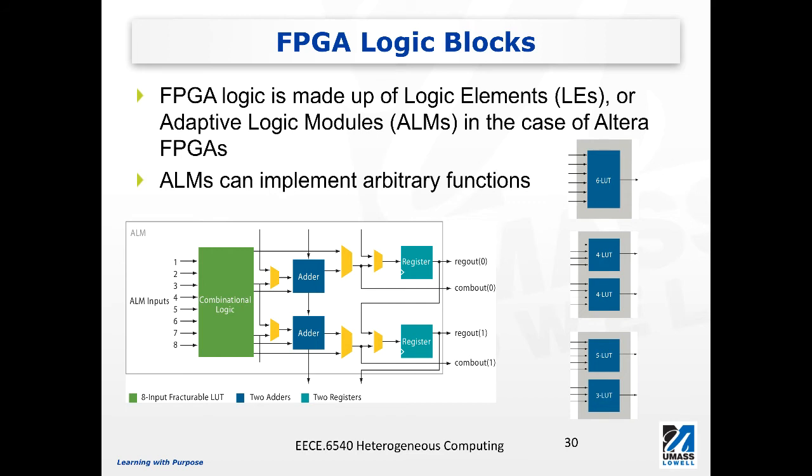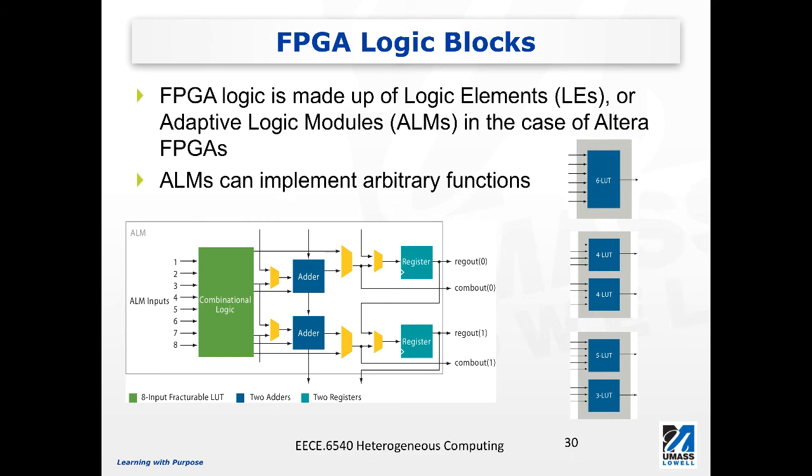Let's look at the basic elements inside FPGA logic. There are several different logic blocks inside an FPGA device. Essentially, FPGA logic is made up of logic elements. And in some cases, for example Altera, they call these adaptive logic modules, or ALMs.